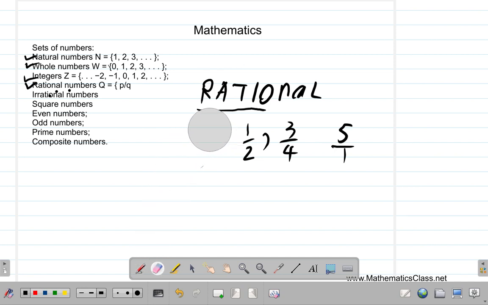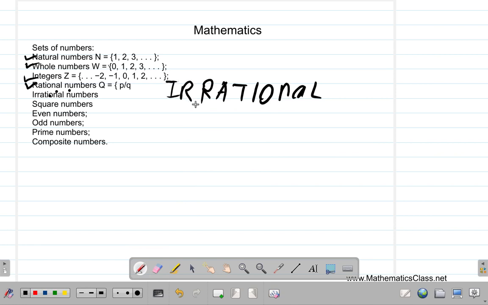We have another set of numbers. You need to add the IR before the rational. What you have is an irrational number. A popular example of an irrational number is the square root of 2.